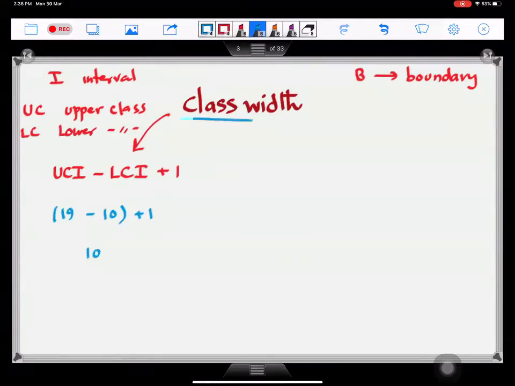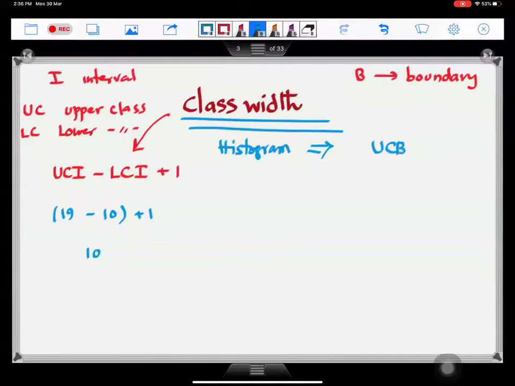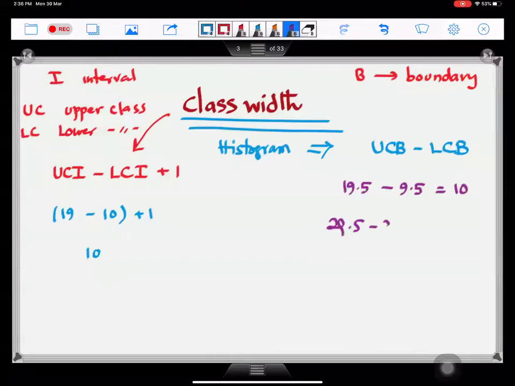But since I'm using the concept of class width for histogram, let's just stick with one rule, which is upper class boundary minus lower class boundary. Why? Because you would be changing it to boundary anyway. So why depend on the interval? Just focus on the boundary. It's simple for you, it's simple for the examiner. That means 19.5 minus 9.5, which comes out to be 10. 29.5 minus 19.5, which comes out to be 10.